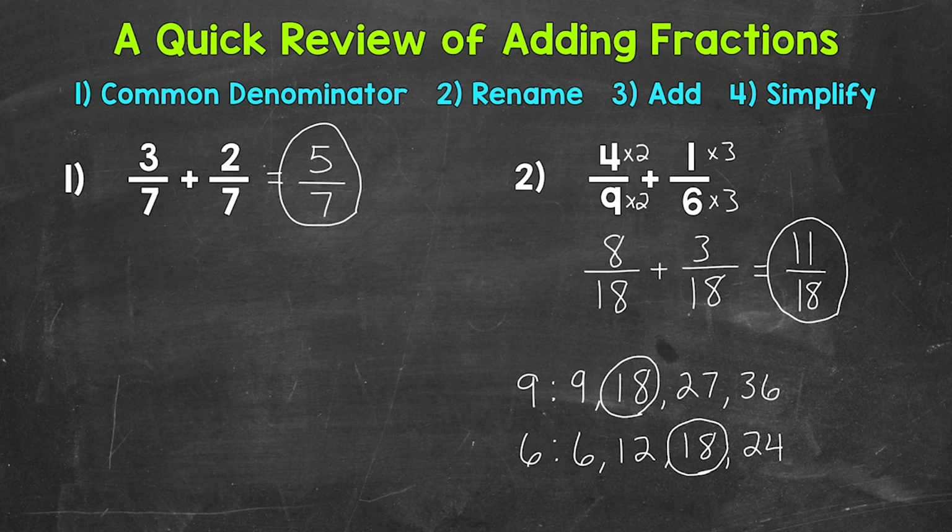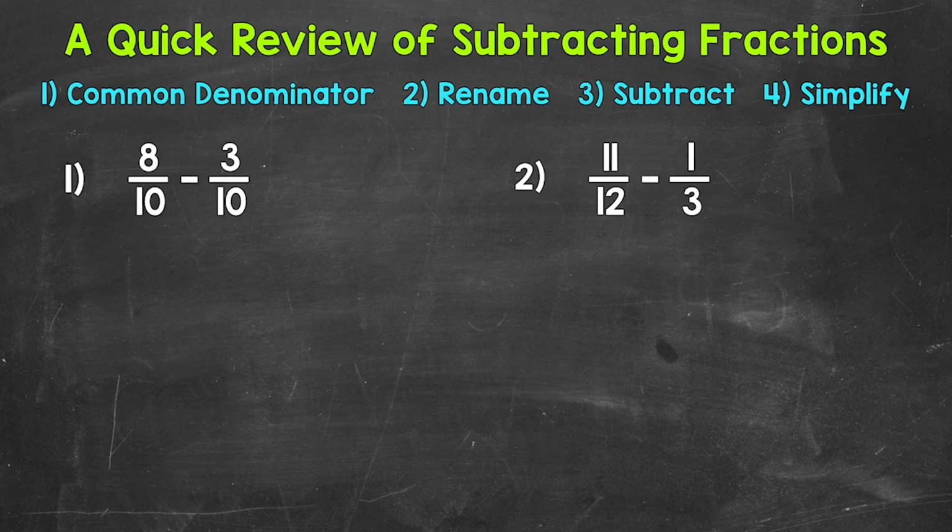That's how we add fractions. Let's move on to subtraction. Here are our subtraction examples. We'll start with number 1, where we have 8/10 minus 3/10. Now, just like when we add fractions, we need a common denominator in order to subtract fractions. For number 1, we have a 10 and a 10 for our denominators.